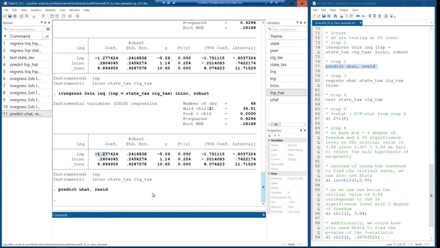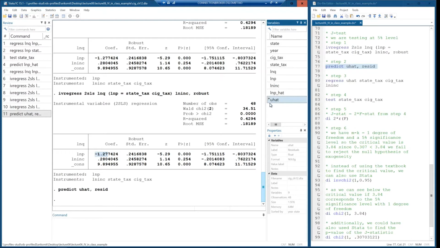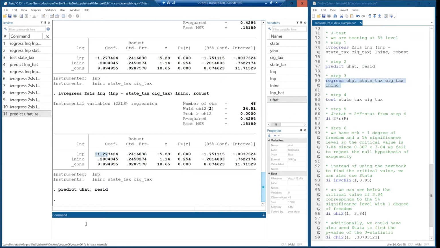We do this, we now have residuals as a variable, and we can now regress that variable on the instrumental variables and the control variable, because the control variable is in the regression, such that state tax and cigarette tax should be uncorrelated with the error term, right?